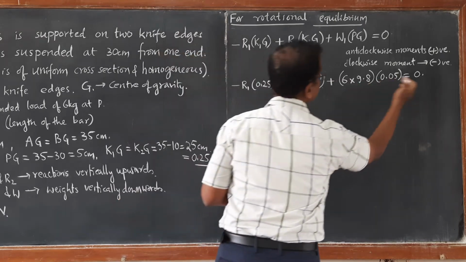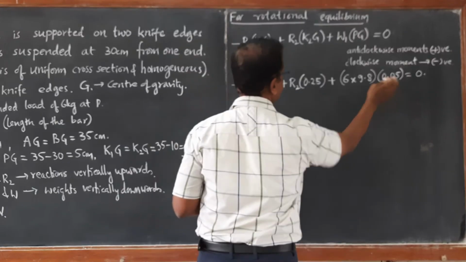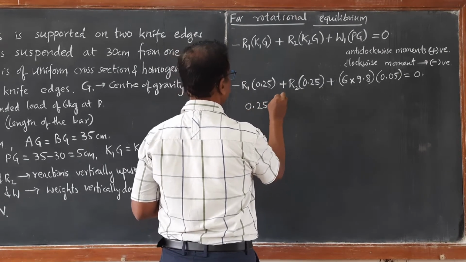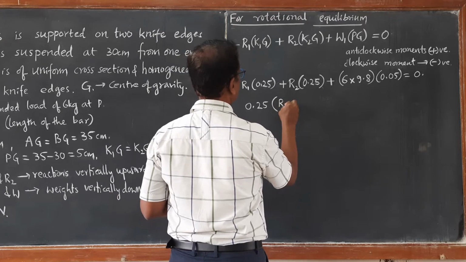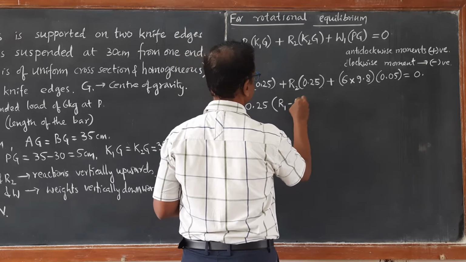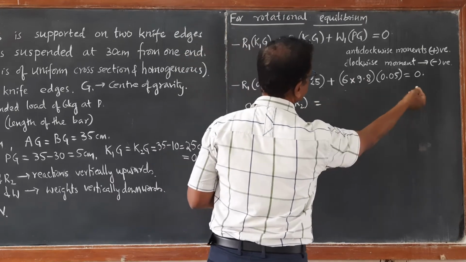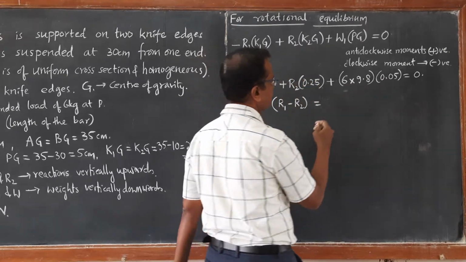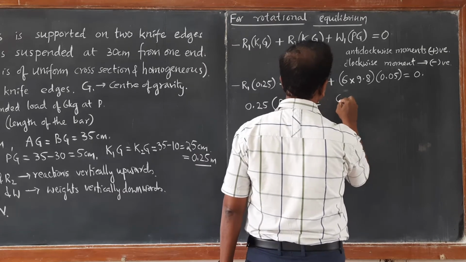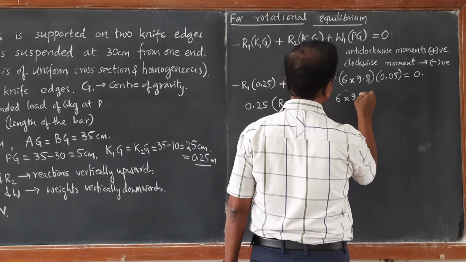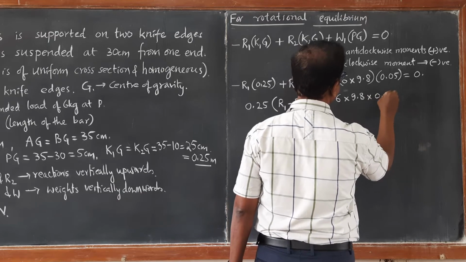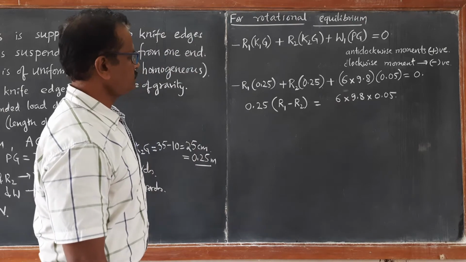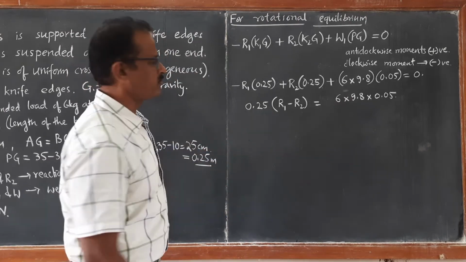Now, if you take this to the right hand side, it will become negative. So I will readjust this: 0.25 into R1 minus R2 equals, when you take it on the other side the negative sign cancels, 6 into 9.8 into 0.05. Then we will get the equation in R1 minus R2.